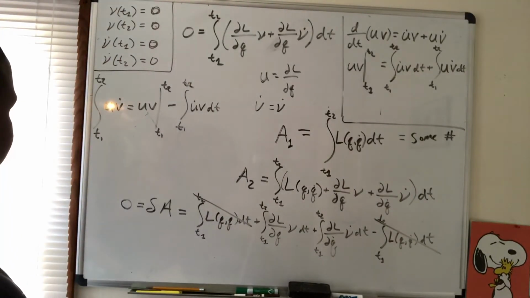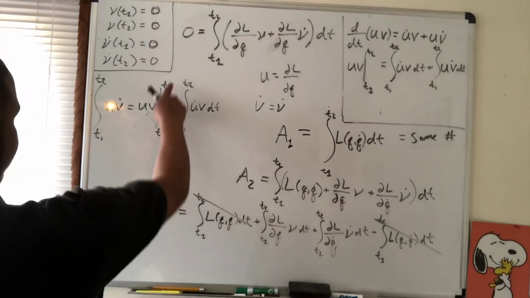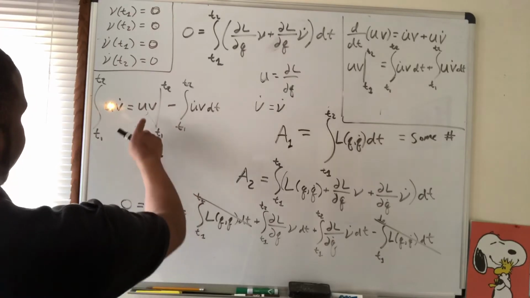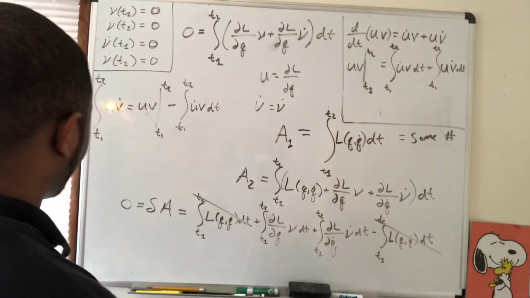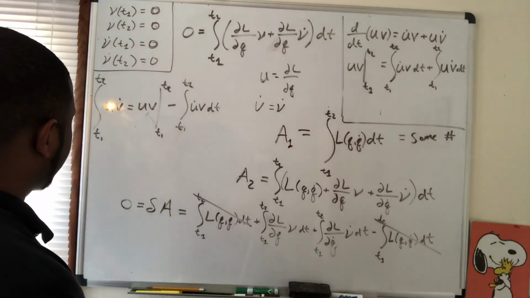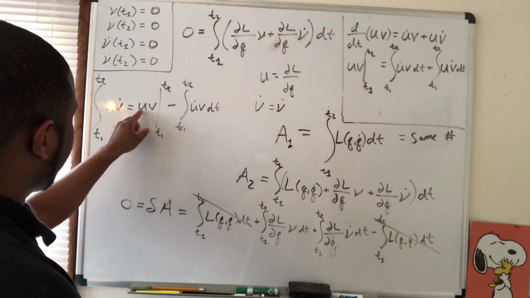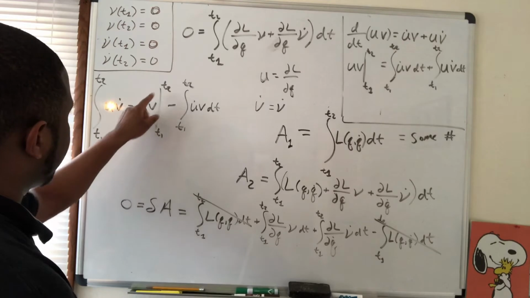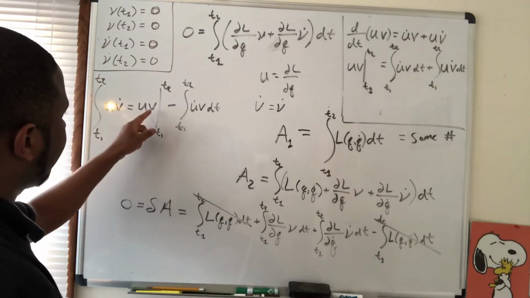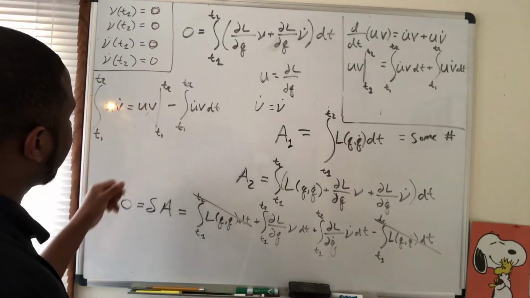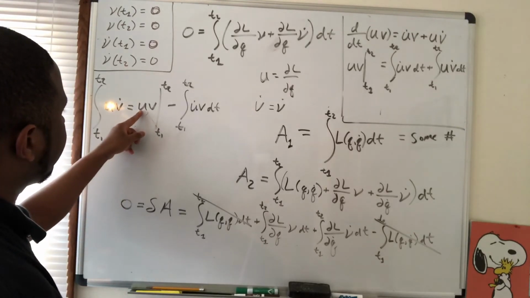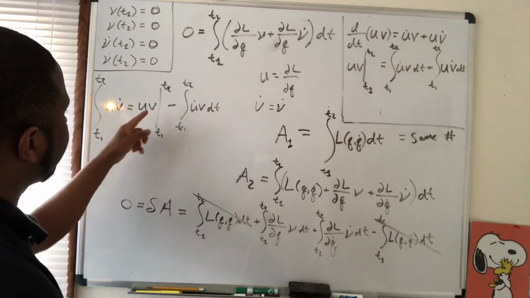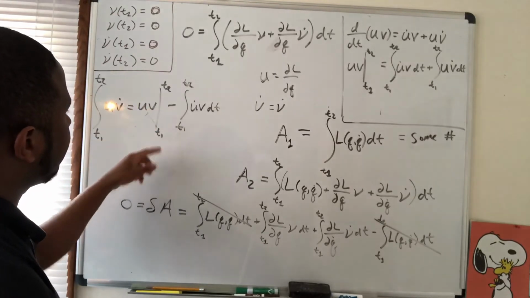There's something very interesting here. What does it mean when you evaluate an expression at its limits? This is going to be U at T2 times V at T2 minus U at T1 times V at T1.